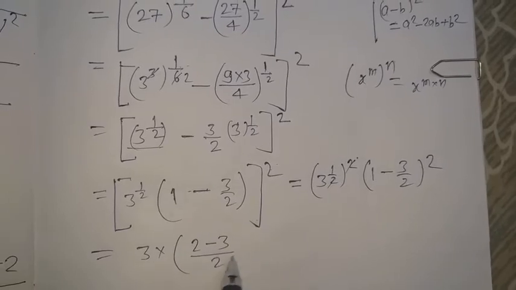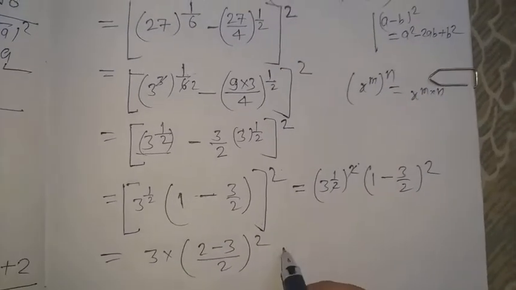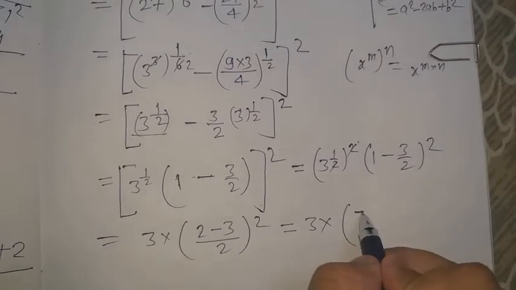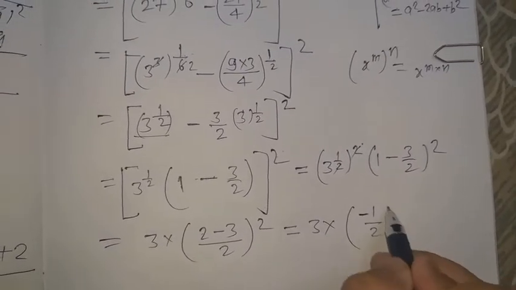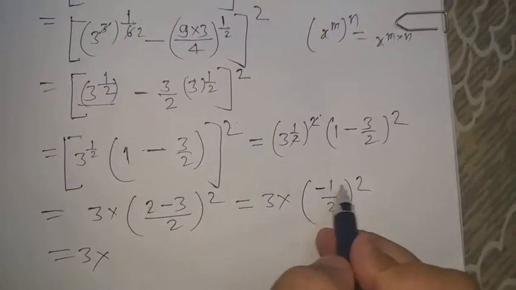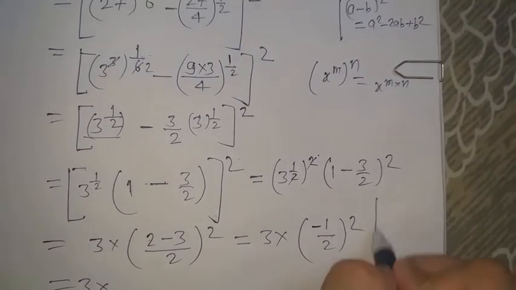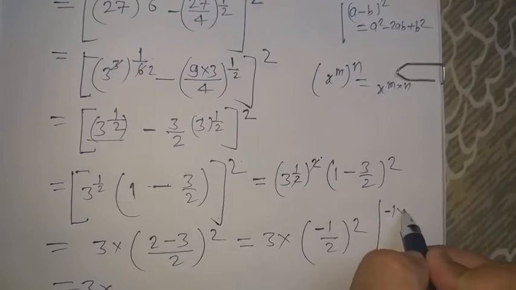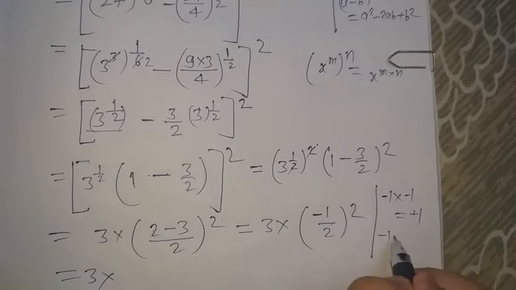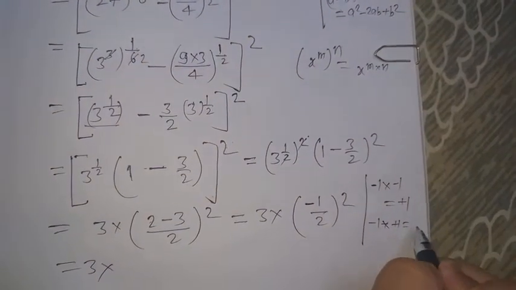2 minus 3 upon 2 whole square. So 3 into, what is 2 minus 3? Minus 1 upon 2 whole square. So 3 into minus 1 whole square, as we know that minus 1 into minus 1 equals to plus 1, and minus 1 into plus 1 equals to minus 1.